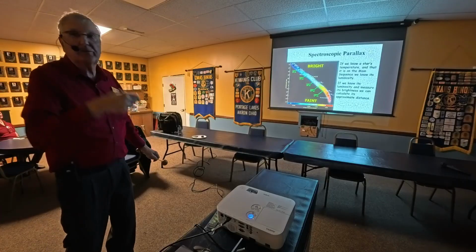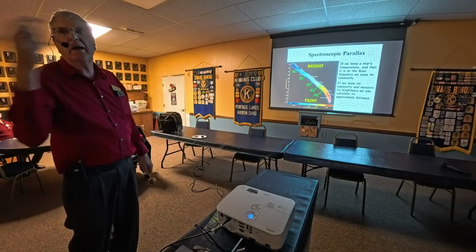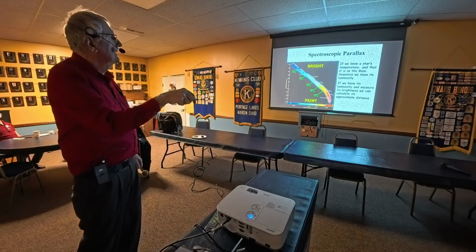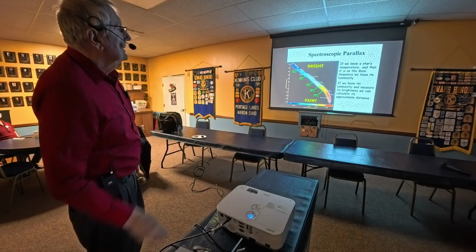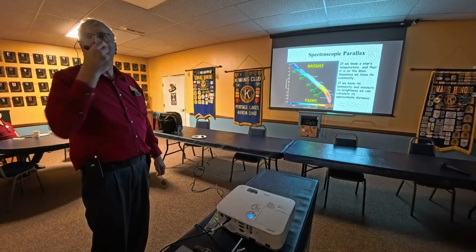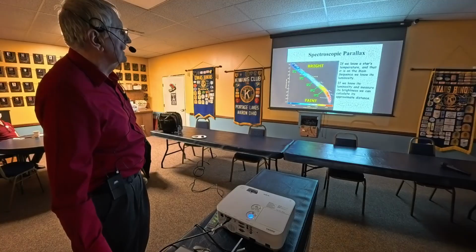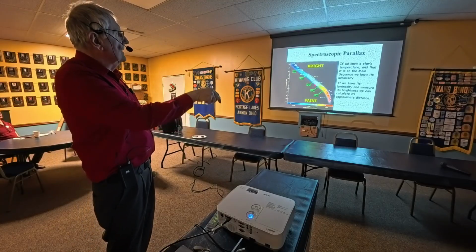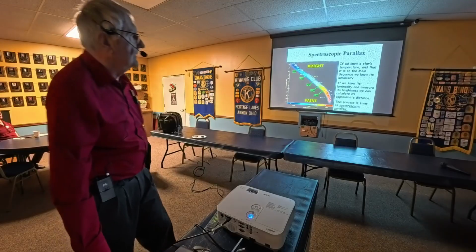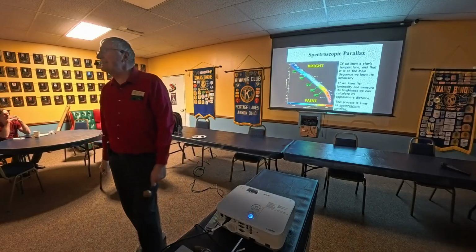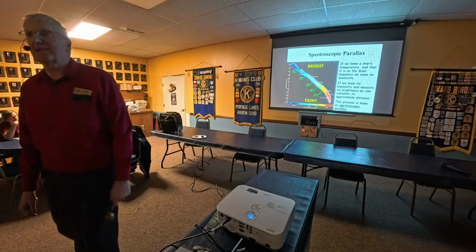So the sun, for example, is burning hydrogen in its core, converting hydrogen to helium. So that's what's happening to all these stars. So you can look at the spectrum and you can kind of tell where a star is in its life cycle. So if you know what its temperature is, you can read its luminosity across there. All right? And if you know its luminosity, you can measure its brightness and figure out its distance.